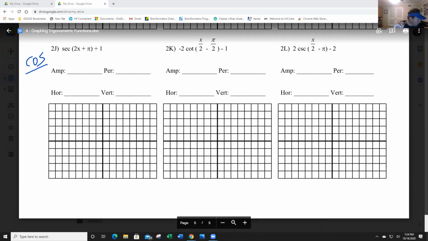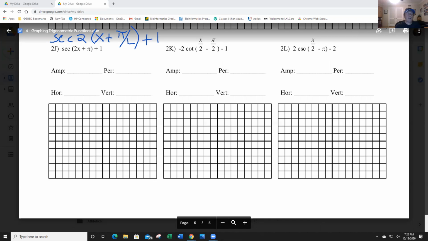So on this one, the amplitude of the scaffold is going to be 1. By the way, I better rework this. Secant 2. Let me erase it. That is really bad writing. Secant 2 times x plus pi over 2 plus 1.